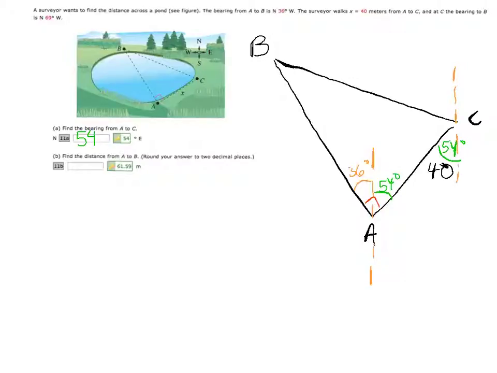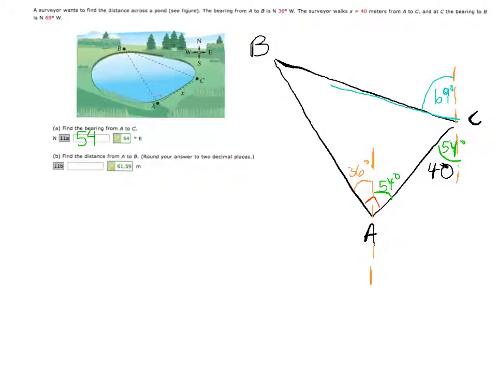It says up here in the problem that at C, the bearing to B is north 69 degrees west. So that means if you are at C, traveling towards B, then this is 69 degrees up here, from your north to that side.